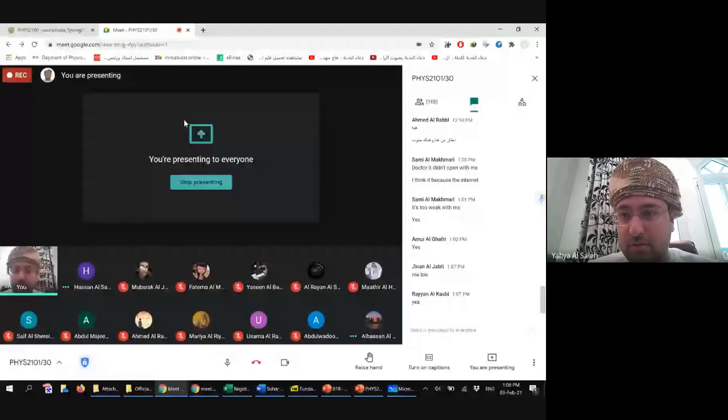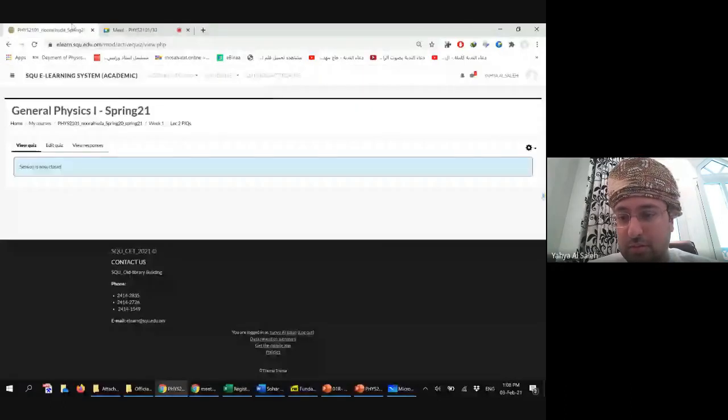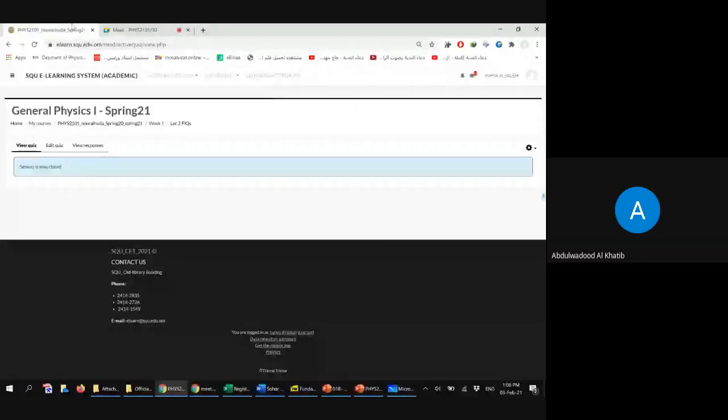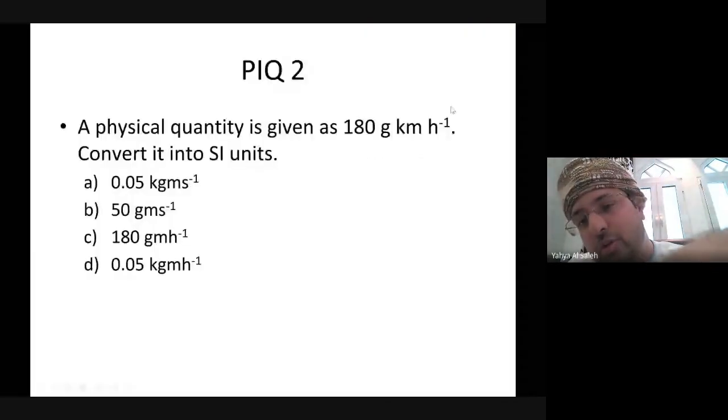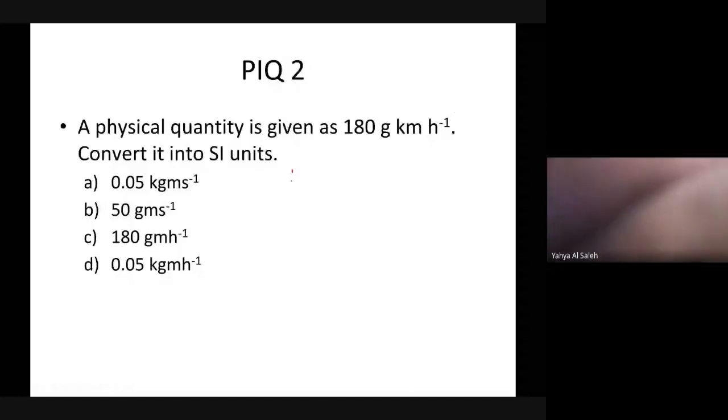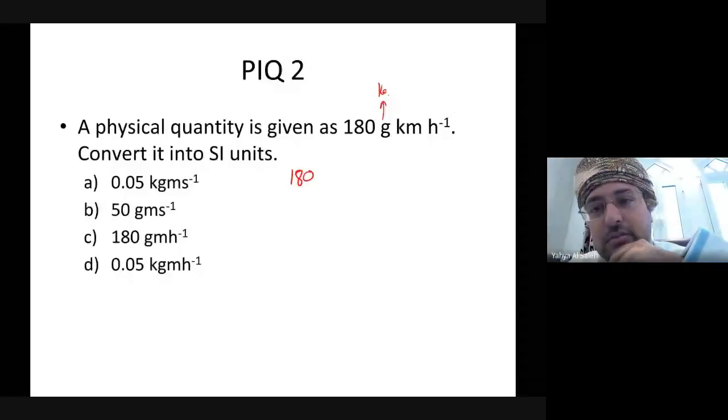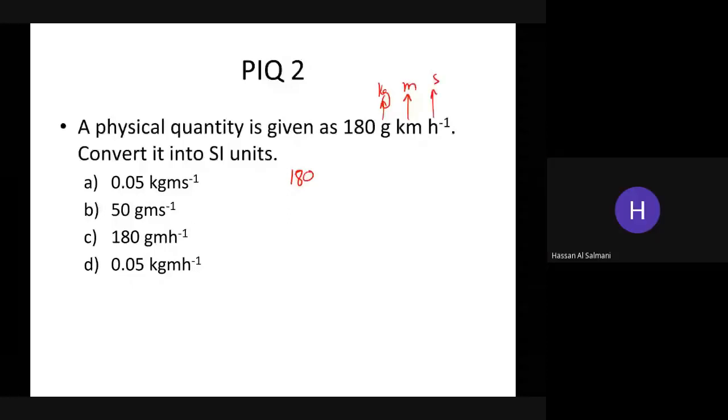Okay, so 180 grams, kilometers per hour. We need to convert it. Grams becomes kilograms, kilometers become meters, hours become seconds. Correct? Yes. Okay.